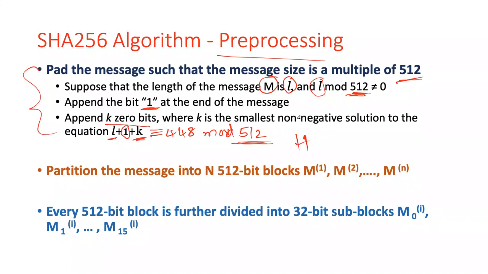Once the message is pre-processed, the initial hash value should be set up in this SHA. How will it be set up? This initial hash value consists of 8 words of 32 bits, that means 8 times your 32-bit word.